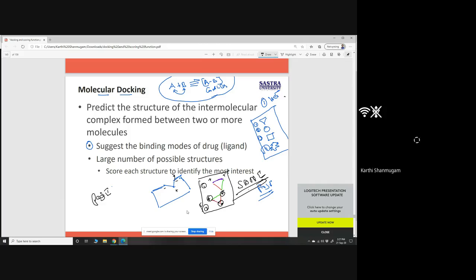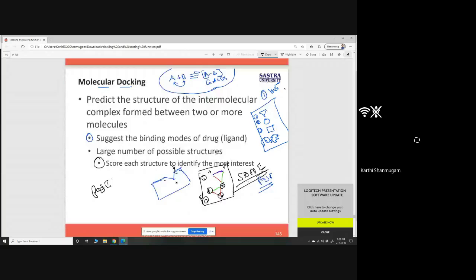If I rank 1 and 2, the first gets the first rank, and the second conformation, pose or orientation goes to the second position. So any molecular docking algorithm should be able to score each structure to identify the most interesting pose or conformation. These are very basic fundamental things in molecular docking.